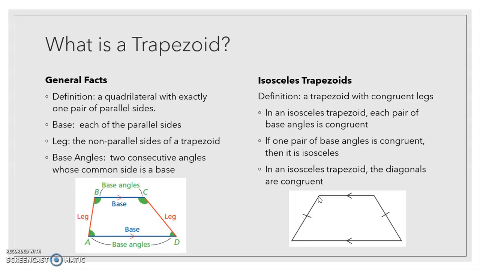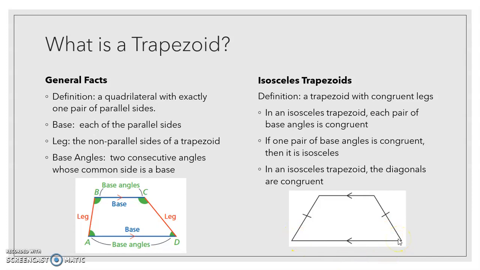Now, in an isosceles trapezoid, there are three special facts that are true. The first thing is that each pair of base angles is congruent. That means that the two angles that are connected by one of those parallel sides are going to be congruent. So that's this angle here, and that's this angle here.